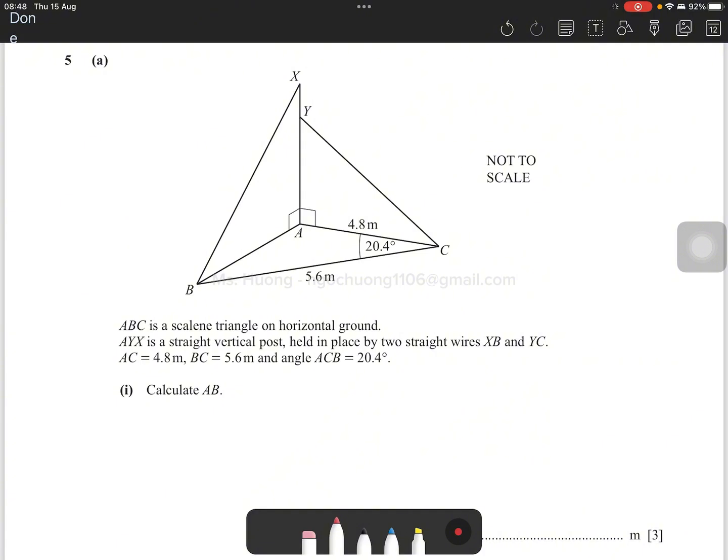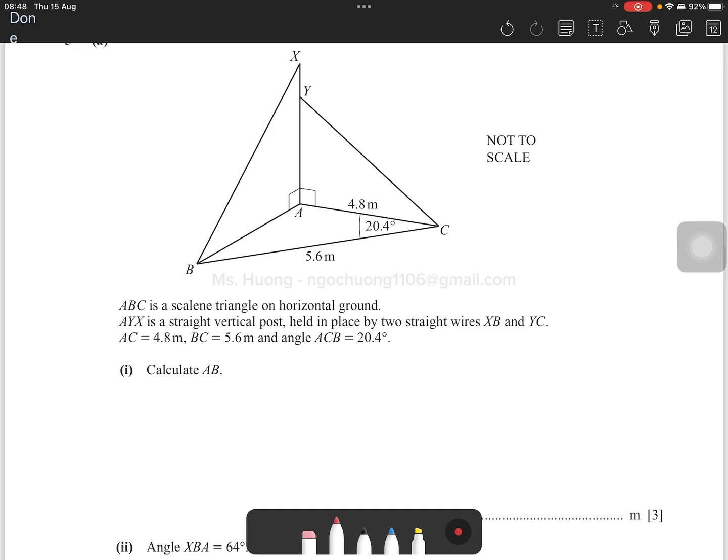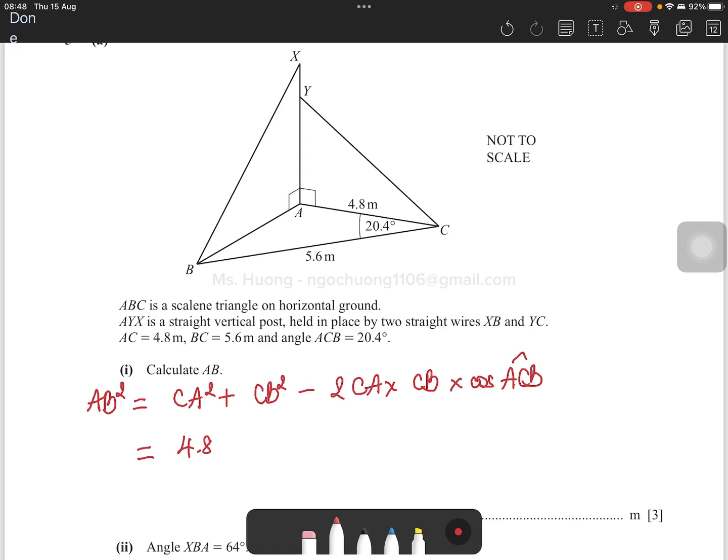So look at the triangle ABC. We'll apply the cos rule to this triangle. AB squared is equal to CA squared plus CB squared minus 2 times CA times CB times cos of C. Now we substitute the numbers. CA is 4.8.